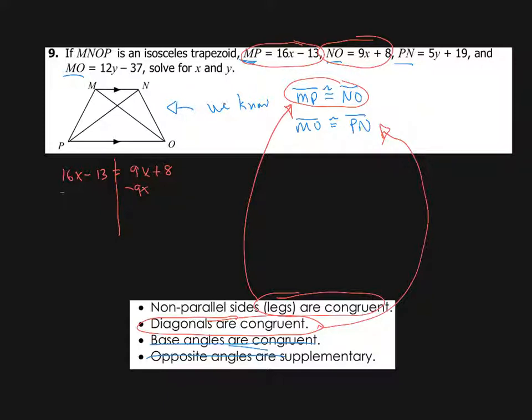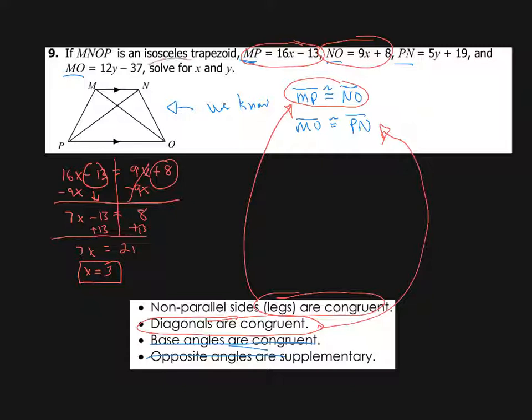Subtract 9x, subtract 9x, and I get 16x minus 9x is going to be 7x, minus 13 comes down, equals, that cancels out, positive 8 comes down. Add 13, and lo and behold, 7x is equal to 21, x is equal to 3. Okay, that's good. So we solve for x, check.